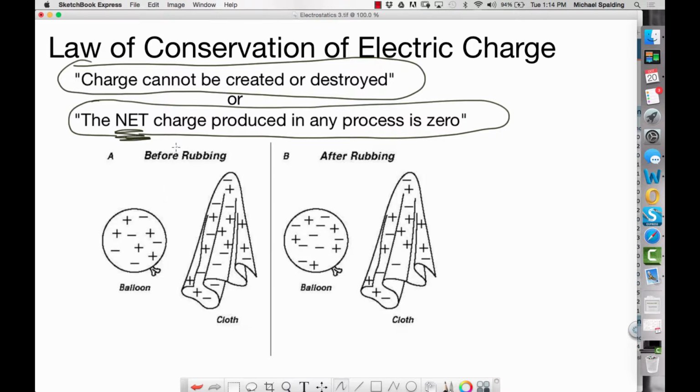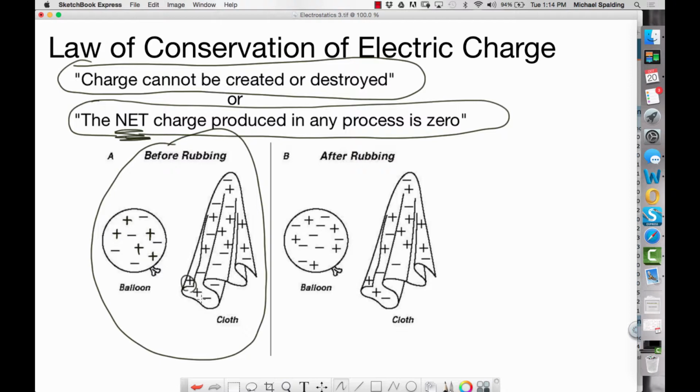So here's an example. We have a balloon with a cloth. If you look carefully at this diagram, notice that there's the same number of pluses as minuses. So how many pluses are on this balloon? 5 pluses and 5 minuses. What's the total charge on the balloon? 0. If you look at this cloth, I haven't done it yet, but let's see.